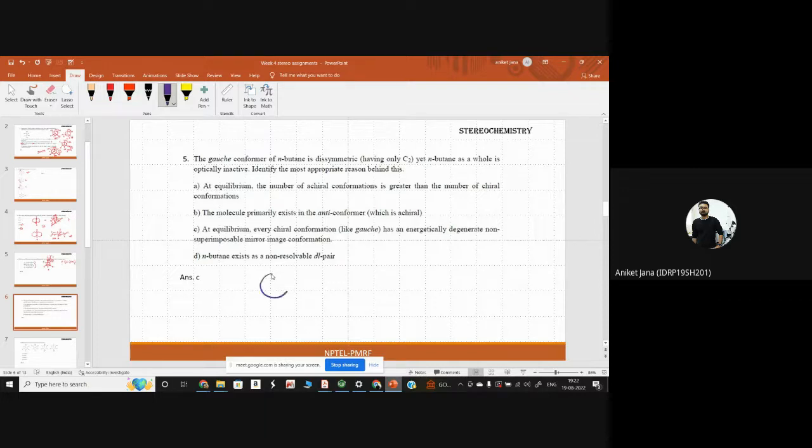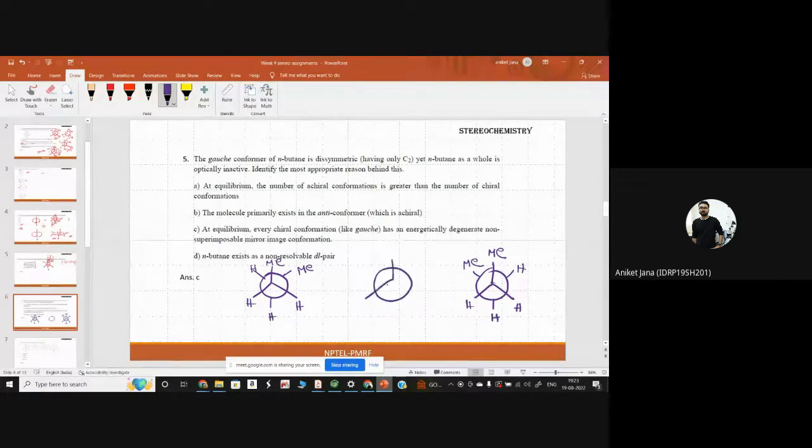Let's first draw the gauche conformer of n-butane. Right, these are the gauche conformers. Is that clear?